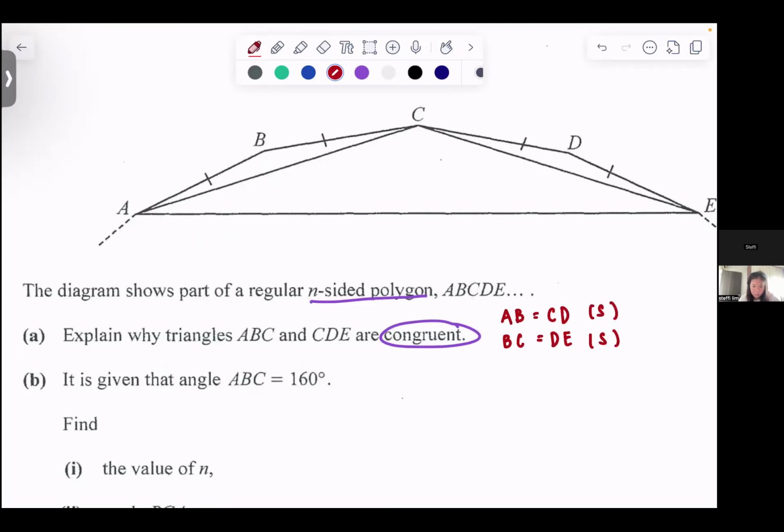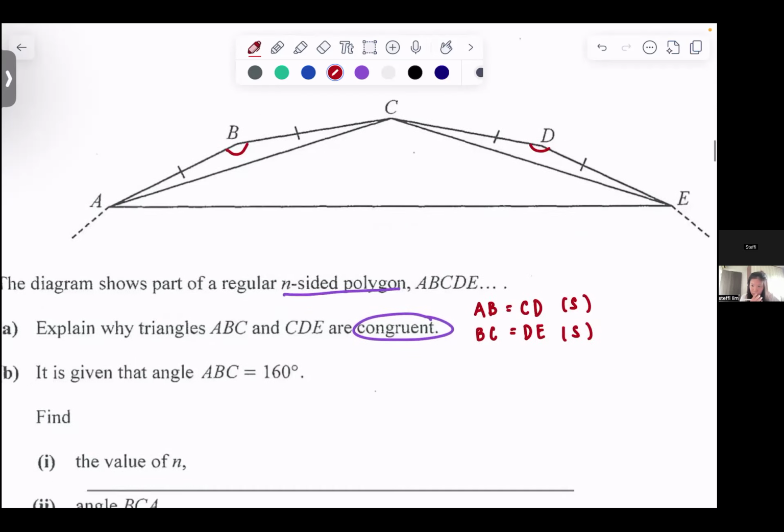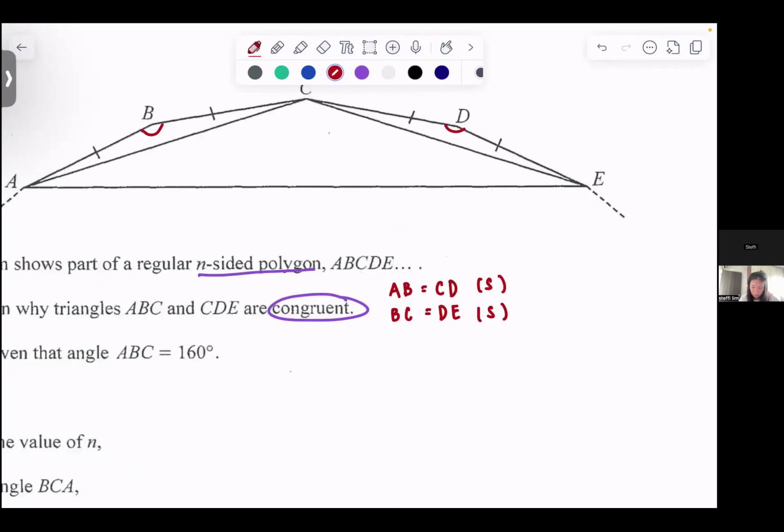And how about the angles? Since ABC and CDE have the same sides, they are going to have the same angles, because angle ABC equals angle CDE because of interior angles of a regular polygon. So you can say angle ABC equals angle CDE. Why?